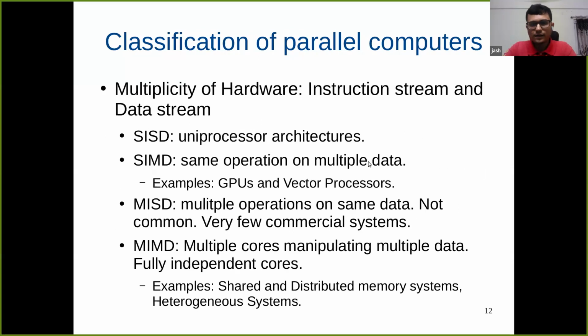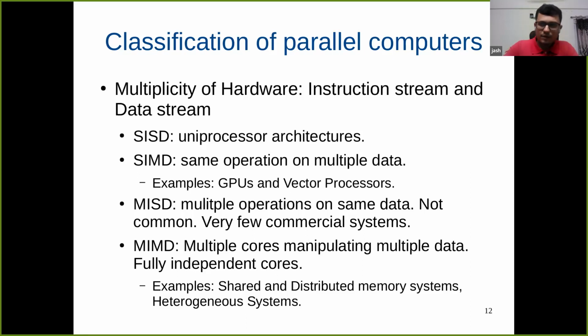Okay, let us move to the next slide, which is about the classification of parallel computers. This is also known as Flynn's taxonomy, in which we classify systems based on the multiplicity of hardware, especially the multiplicity of the instruction stream and data stream.